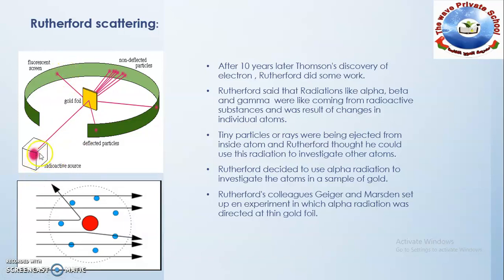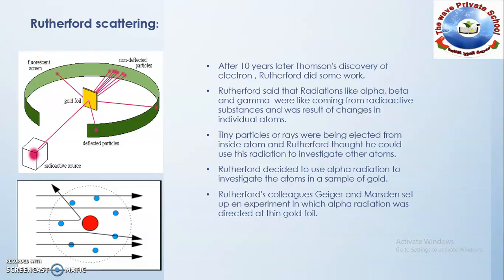In this experiment, alpha rays from the radioactive source strike the gold foil. When the alpha particles strike the gold foil, what were they expecting? They were expecting that alpha particles should be deflected as they pass through the foil.